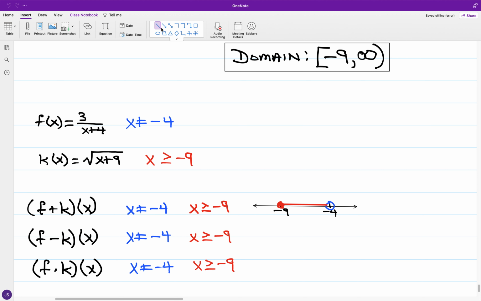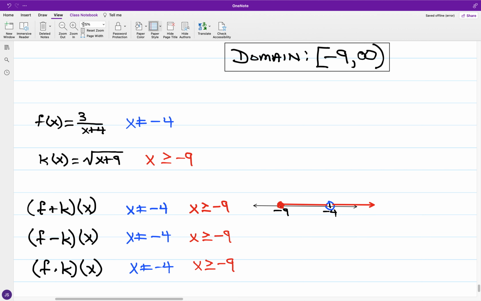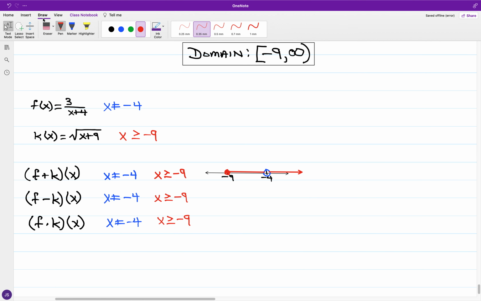And it's only then that I can resume. So you have the ray going out to the right, and it is going to follow that for the domain, for the sum as well as the difference and product functions.